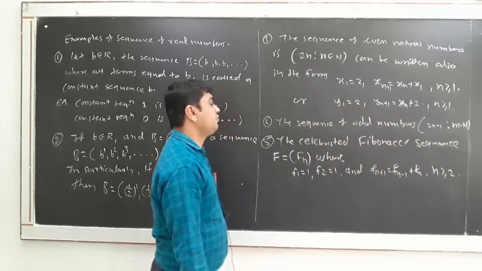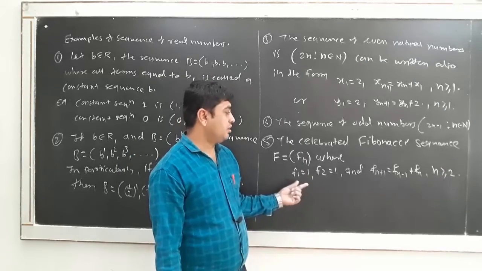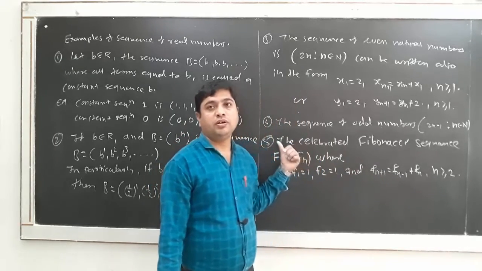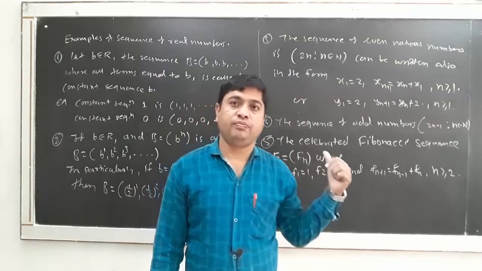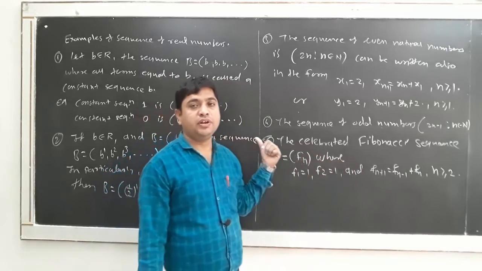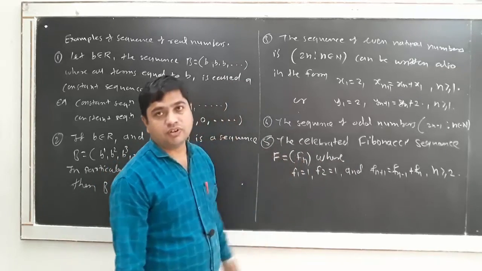This is called the Fibonacci sequence. In this sequence, the next number is just the sum of the immediately preceding two numbers. That is the Fibonacci sequence.